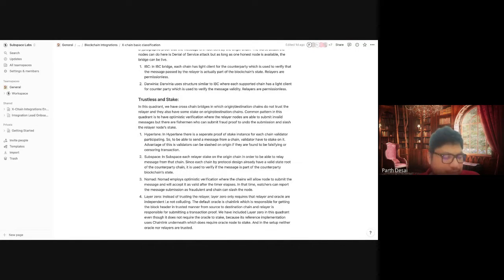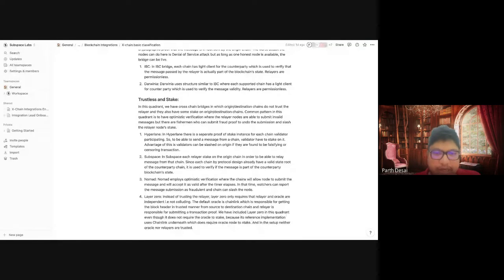They're trustless because Hyperlane uses something called a watchtower, which are permissionless entities constantly monitoring that these validators are doing the right thing. If they are not, their stake will be slashed on the chain of which they are part.